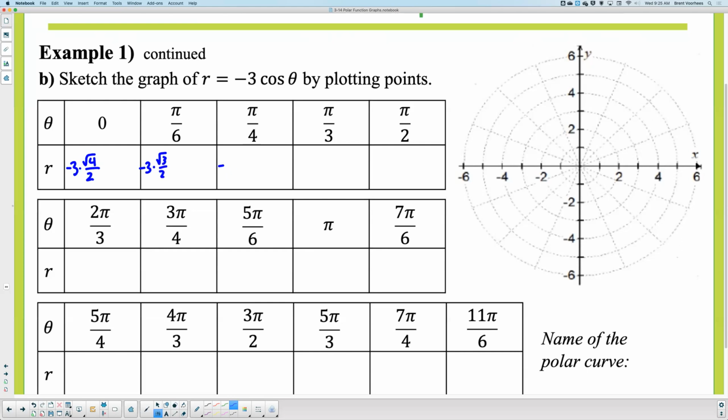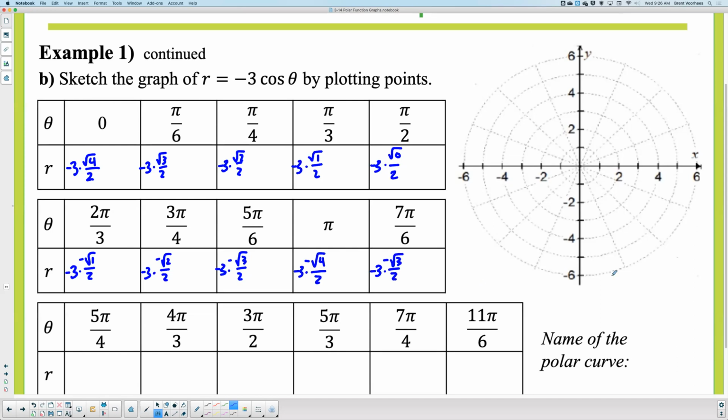So -3, negative square root of 2 over 2, -3 times the square root of 1 over 2. Let's just go ahead and fill this chart out all the way down. So don't stop counting at 0. Continue to decrease until you get to what value? That's right, negative square root 4. Now you might notice this is kind of tedious doing it this way.